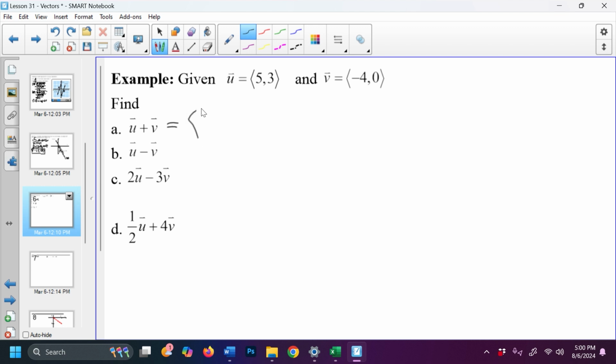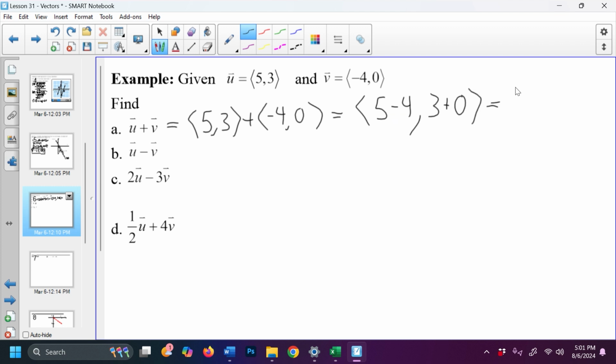So if I go vector u is 5, 3 and vector v is -4, 0, I am just going to go 5 minus 4, comma, 3 plus 0. And really this is 5 plus -4 because it's -4 there, which will give me the component form of that vector will be 1, 3.